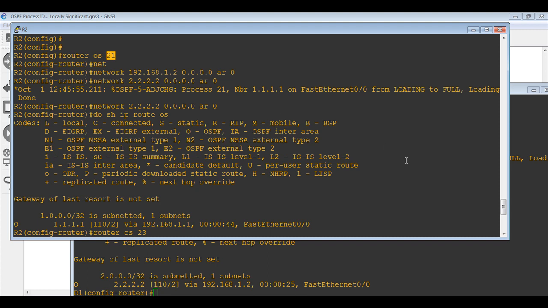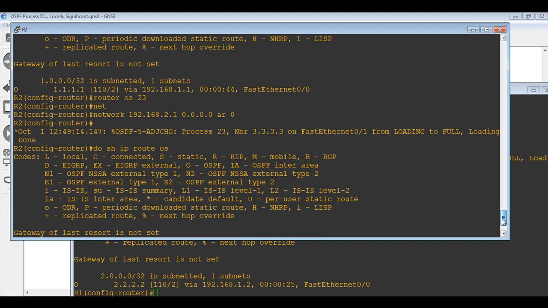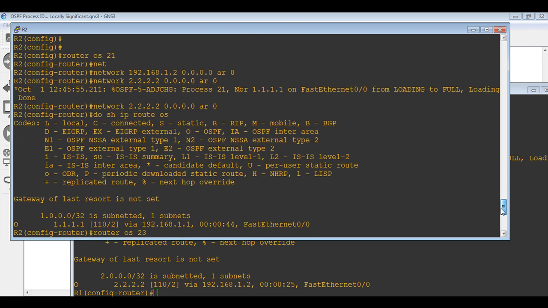And router 2 has an adjacency with router 3, but under OSPF process number 23, which is different from process 21 that the loopback interface and the network 1.0 is advertised in.